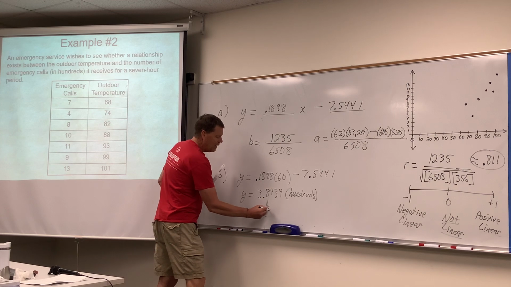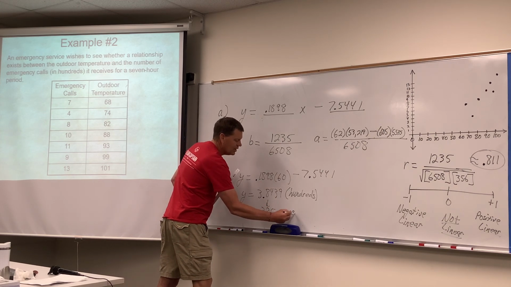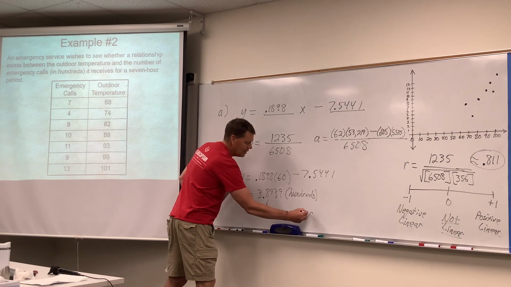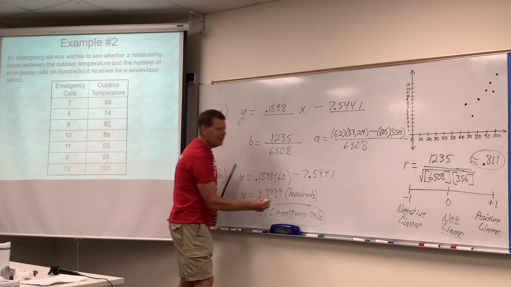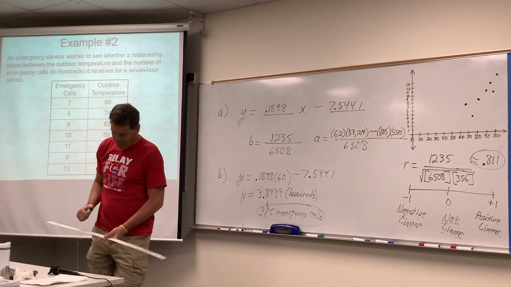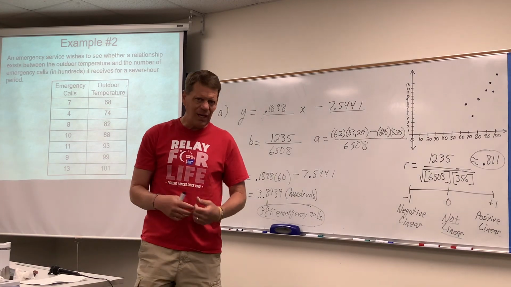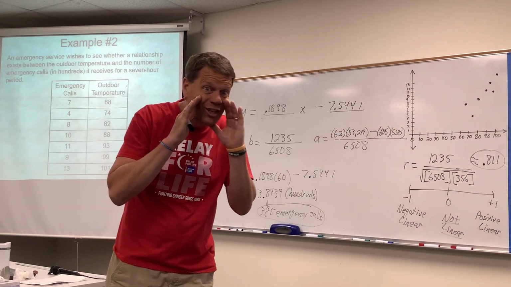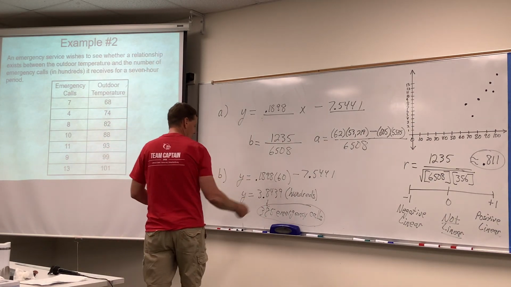And I'd say, okay, I would expect 385 emergency calls that particular day. I will tell you that homework problem number 2 has a similar idea as far as that being in hundreds. I think yours is thousands, okay? So make sure to make that adjustment there.